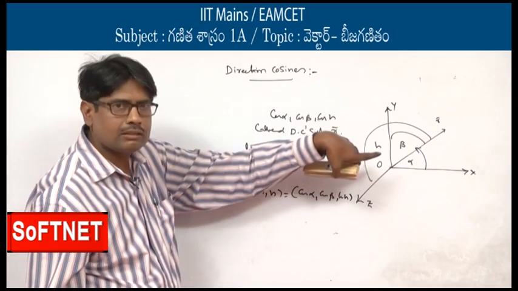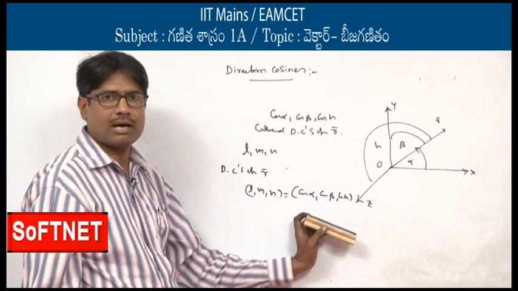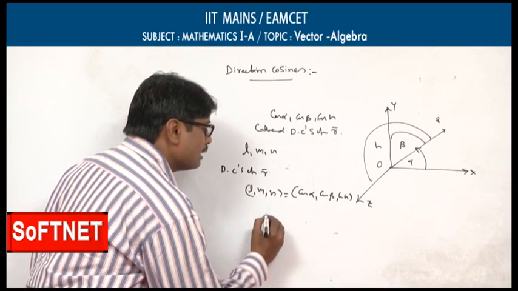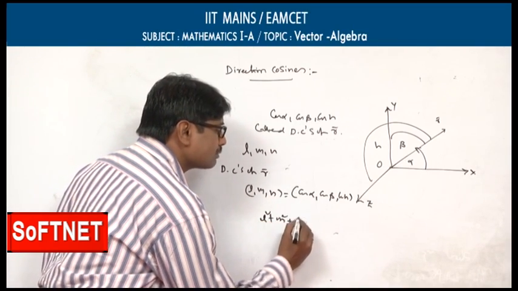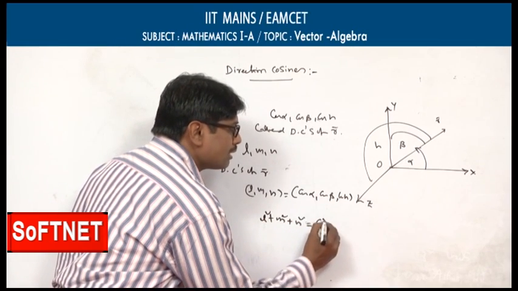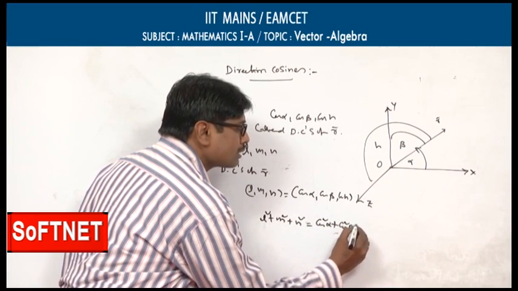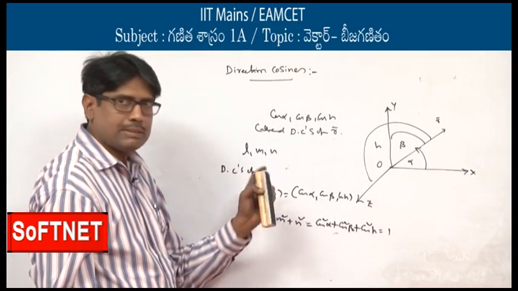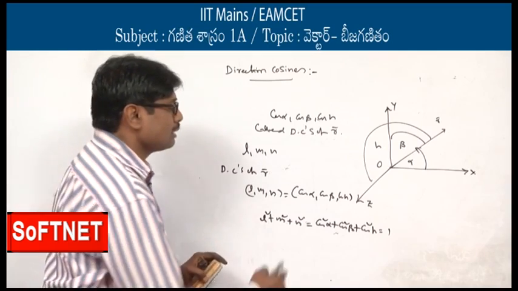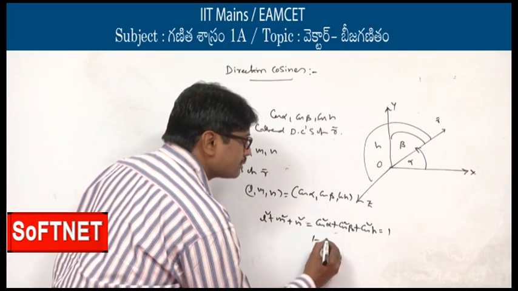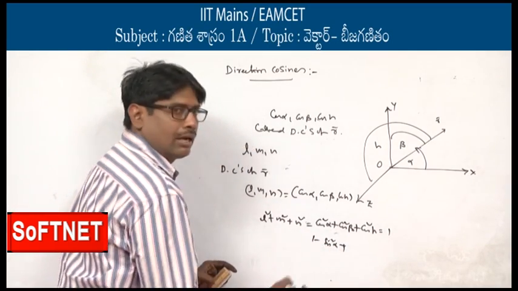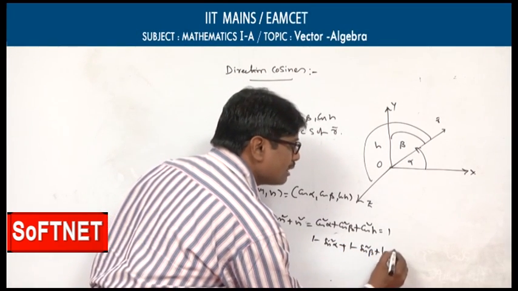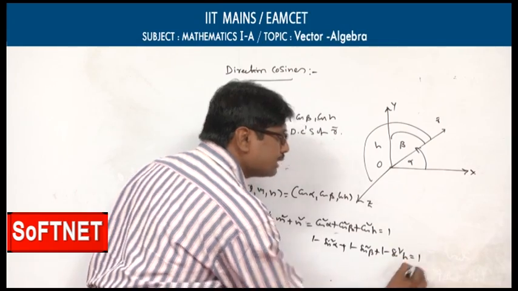If l, m, n are the direction cosines of the vector R bar, then they satisfy one property: l square + m square + n square = cos square alpha + cos square beta + cos square gamma = 1. Changing into sines of the angles, cos square alpha can be written as 1 minus sin square alpha, cos square beta as 1 minus sin square beta, cos square gamma as 1 minus sin square gamma, equal to 1.